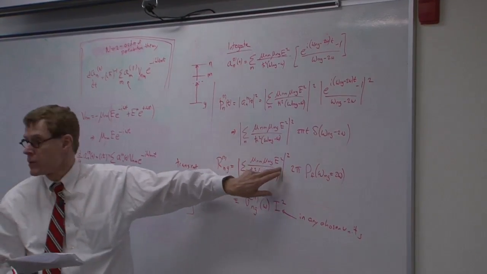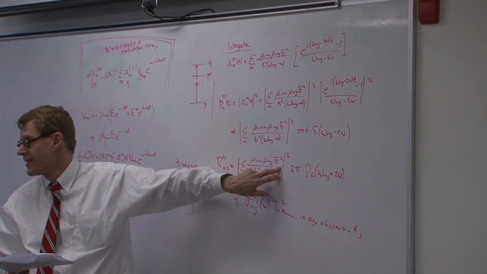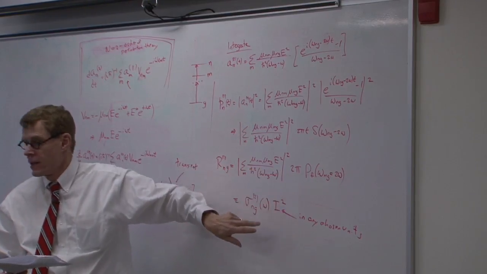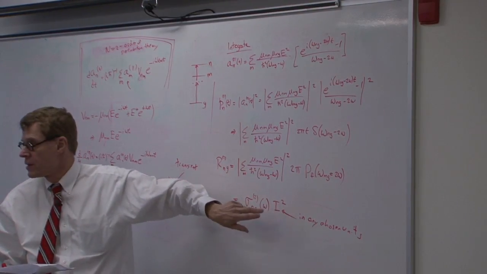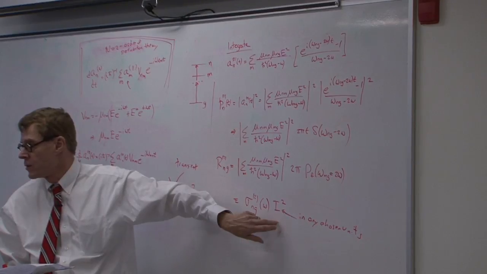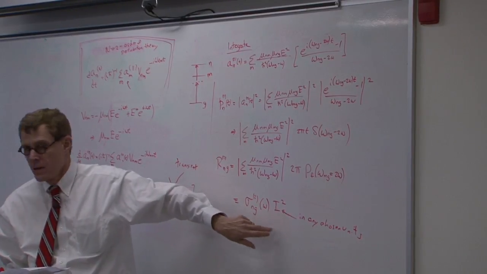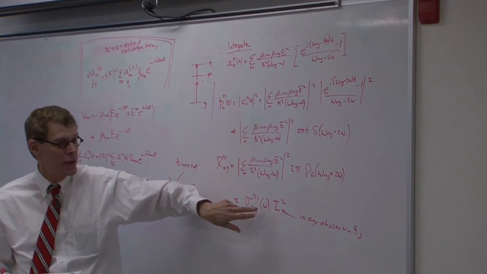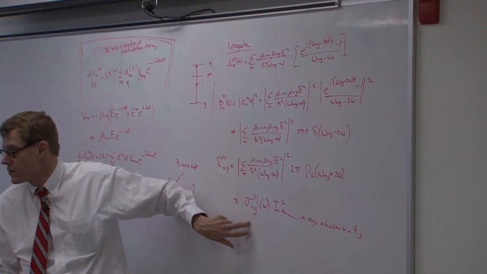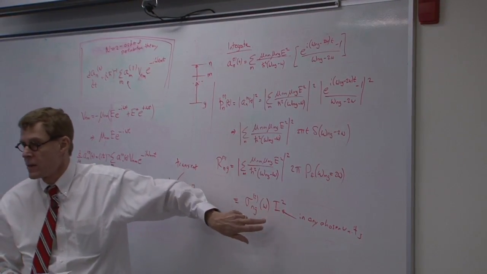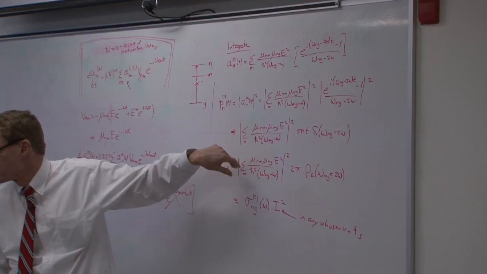Because, well, first, it goes like E to the 4th. It goes like E to the 4th. It's 2-photon absorption, so you would expect the rate to go like the intensity squared. So this would be the rational way to define a 2-photon cross-section. It's 2-photon cross-section times the square of an intensity gives the rate.